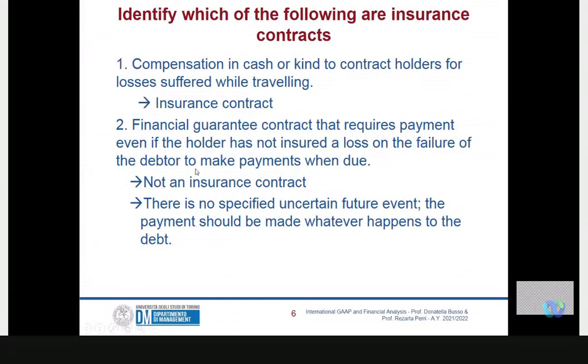So the financial guarantee contract says that we have to pay whatever happens from the debtor. So this is not an insurance contract because it is not an uncertain event. We know that we need to pay in the future. So you see that certainty or uncertainty is a key feature of an insurance contract.